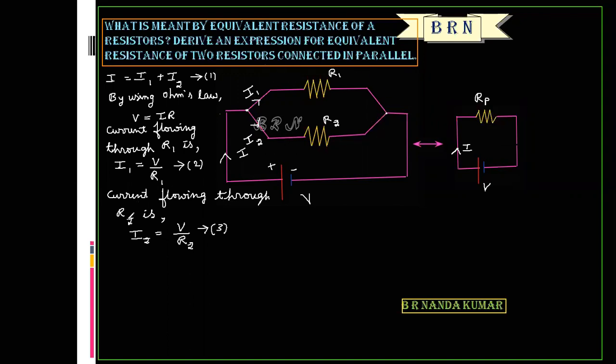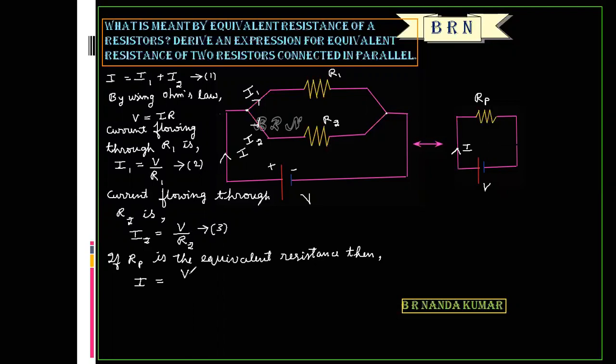Okay. So if RP is the equivalent resistance, then what is the value of I?